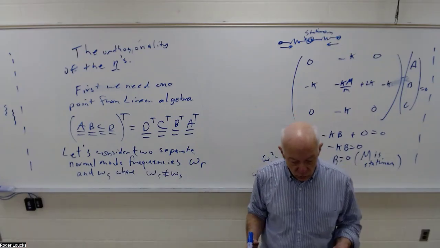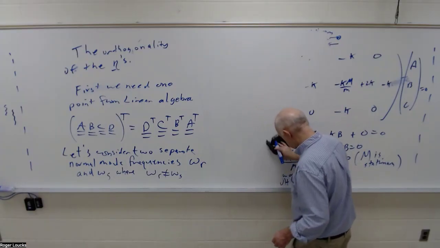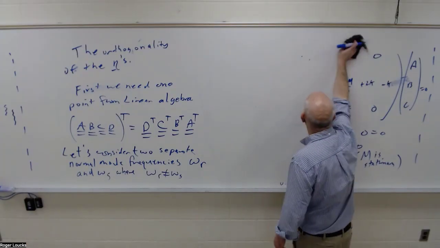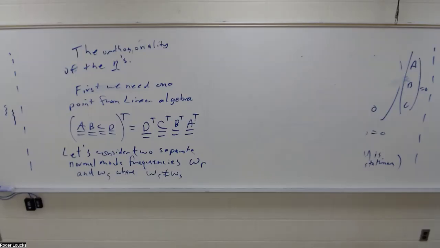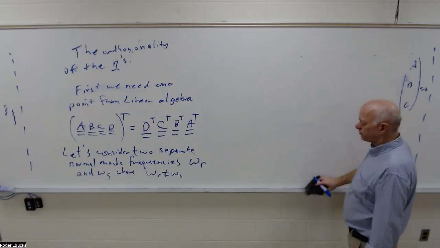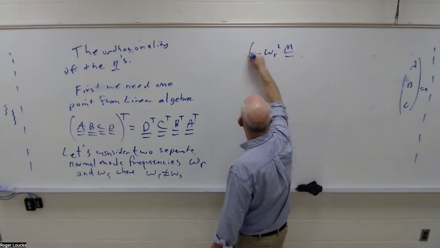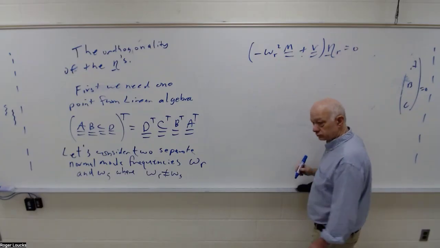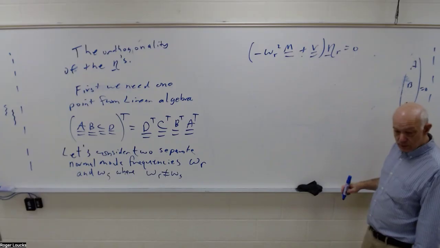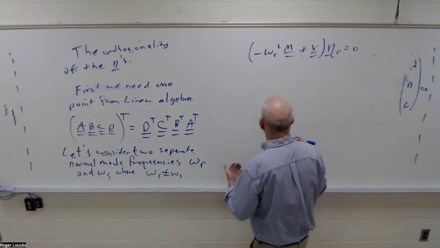So they're two distinct normal mode frequencies. So what are our equations here? Our equations are this: minus omega r squared M double bar plus V double bar, acting on eta r, equals 0. This is the eta for the r normal mode frequency, and then I'd have the corresponding thing for s.